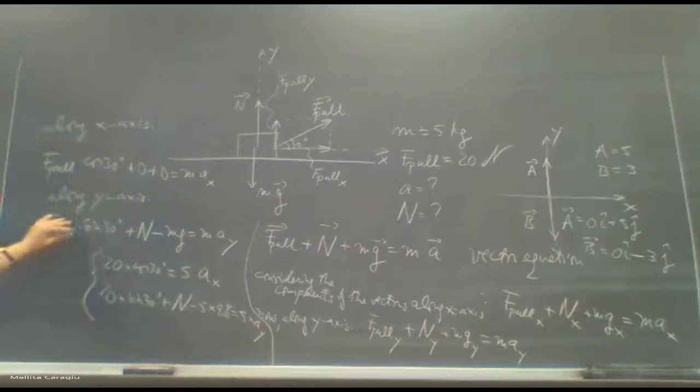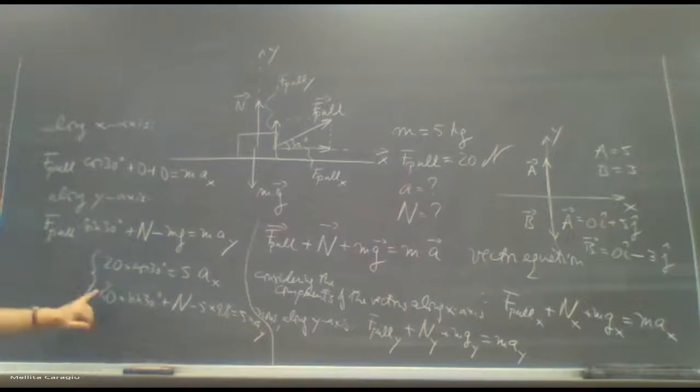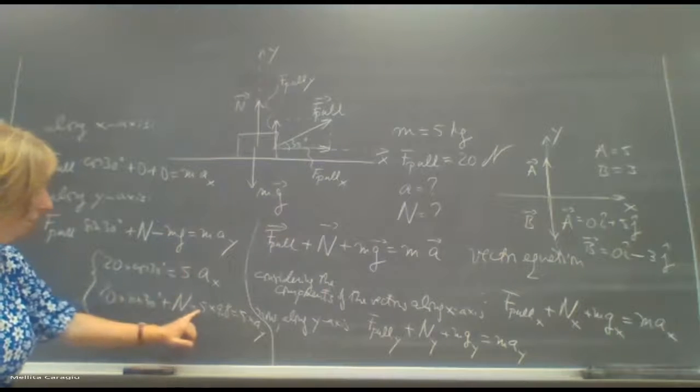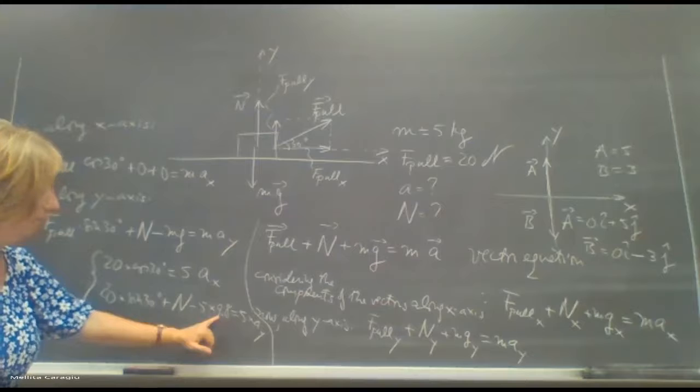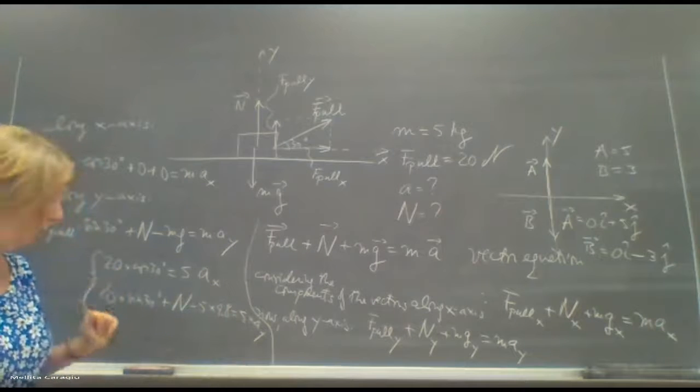So that's me replacing numbers wherever we have them. F pull is 20 newtons, sine 30, plus the normal force that I don't know, minus mg, the mass is 5, g is 9.8, equals mass times acceleration along y.